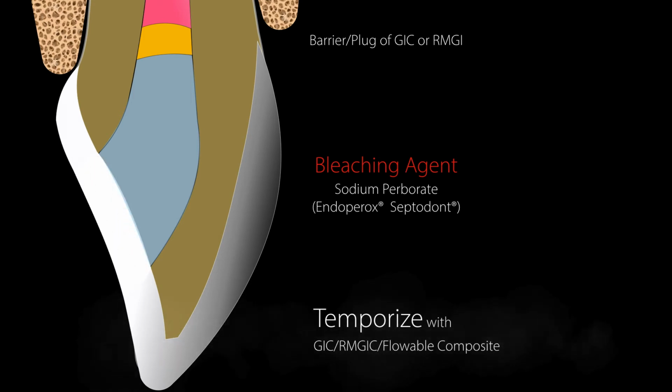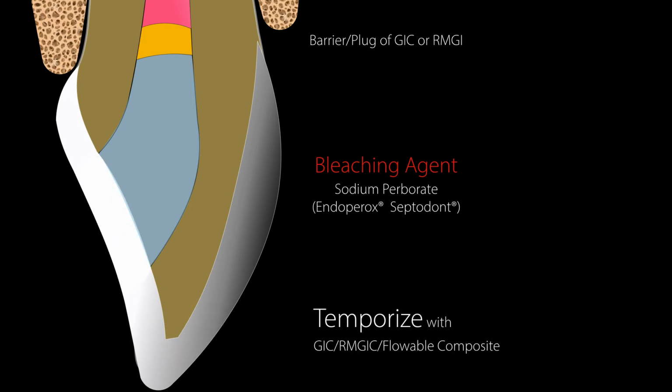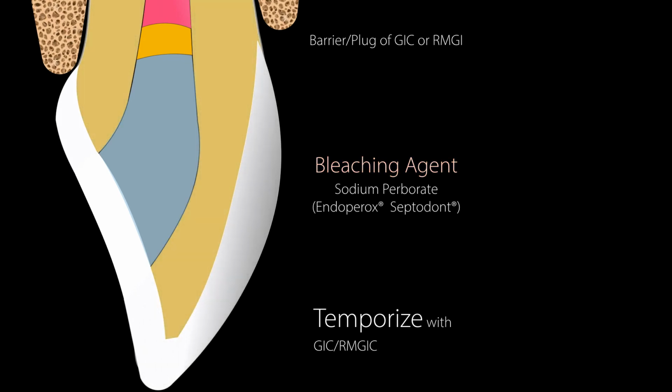The pulp chamber is sealed off with glass ionomer or resin modified glass ionomer cement. After that, the tooth starts to lighten up. The color of the tooth changes, and we have to replace this sodium perborate bleaching agent every 2 to 3 days, depending on the requirement of shade improvement.